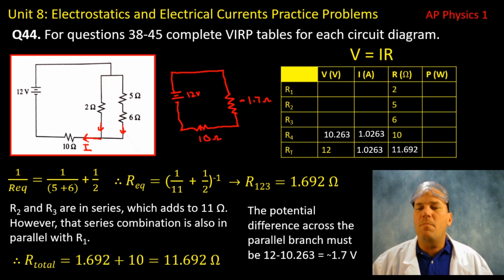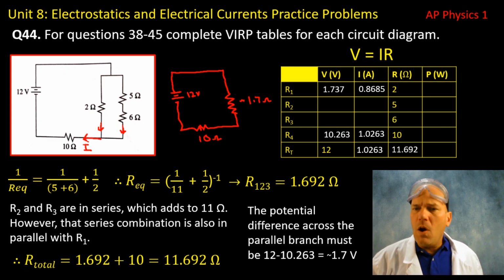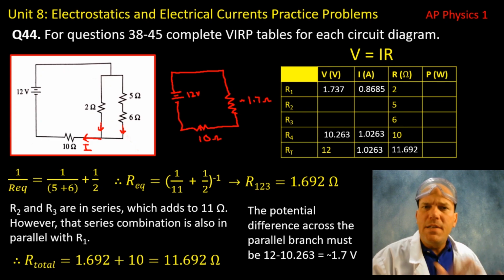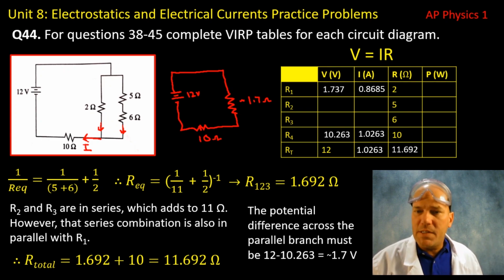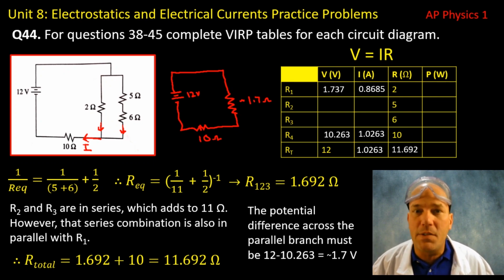Again, I'm carrying out more digits so that it adds up perfectly in the end. And by doing so, we now know R1 has a potential difference of 1.737 if you were to subtract 12 minus 10.263.